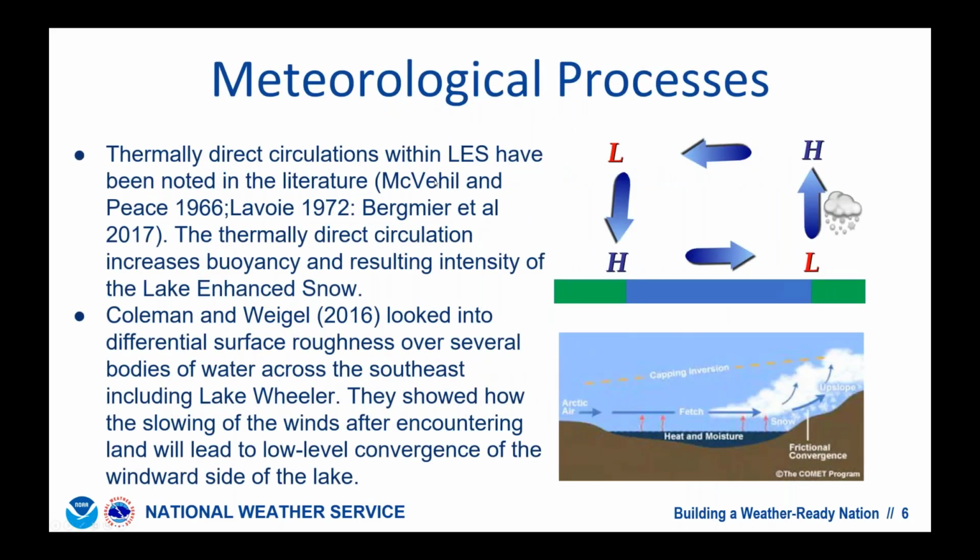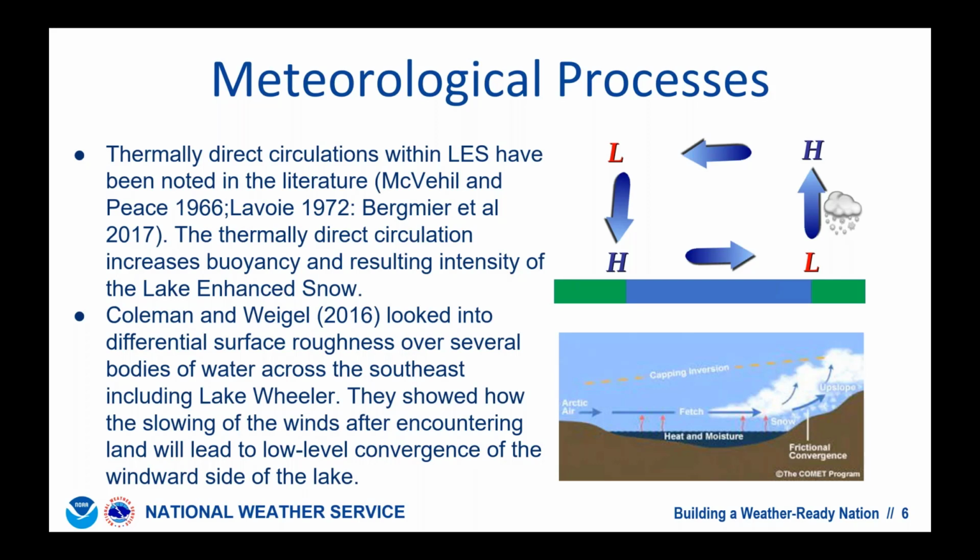There are a few meteorological processes that can further enhance vertical motion downwind of lakes. You get thermally direct circulations, noted in the literature, that can increase the buoyancy, resulting in further intensifying any lake enhanced or lake effect snowband.